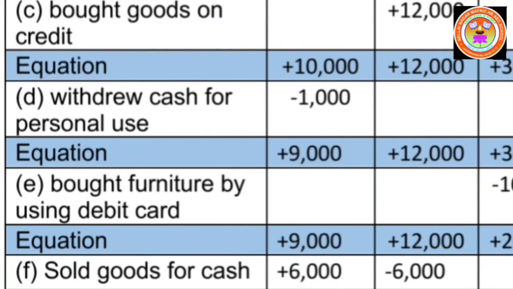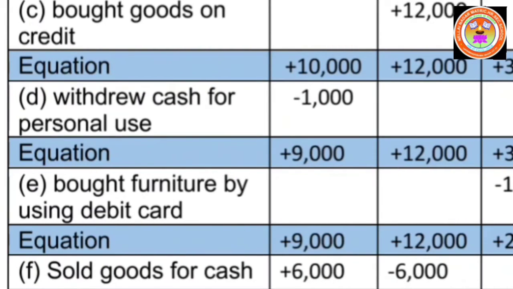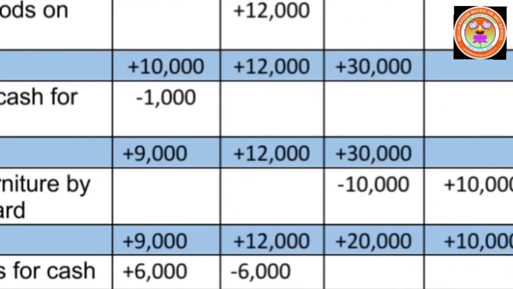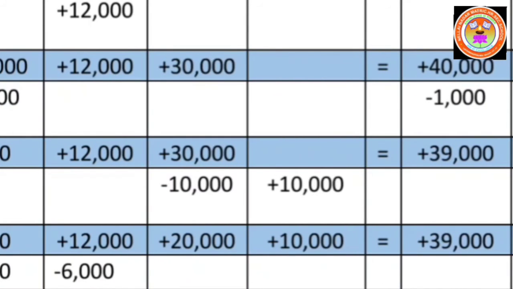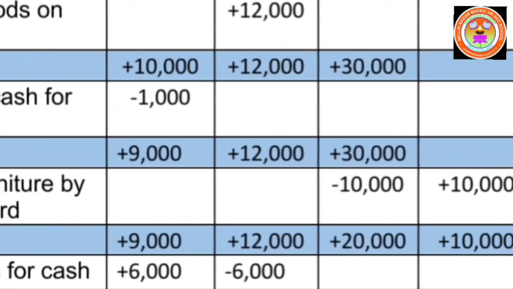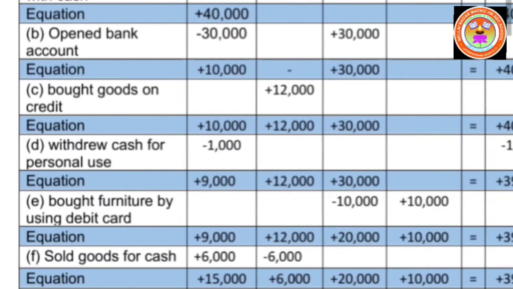Then write the equation. 9,000 remains the same. 12,000 remains the same. Plus 30,000 minus 10,000 gives you 20,000. 10,000 remains the same. 39,000 brought down. So this is the equation.